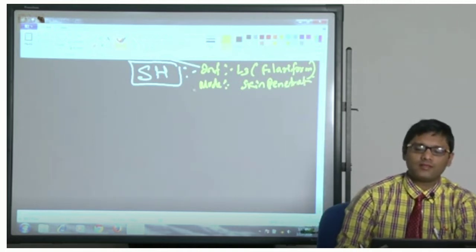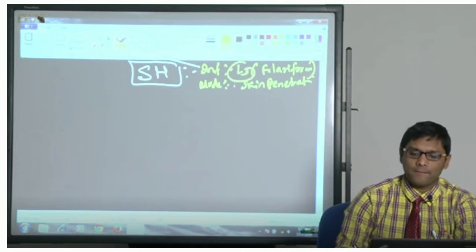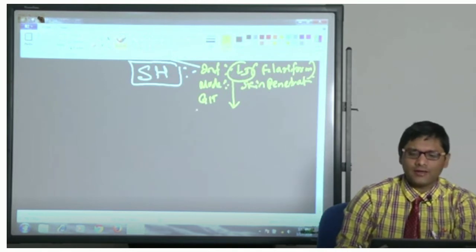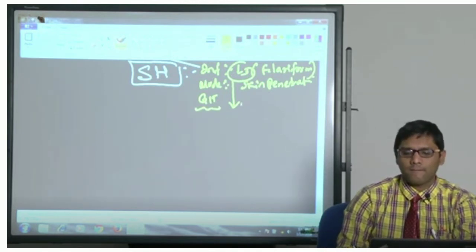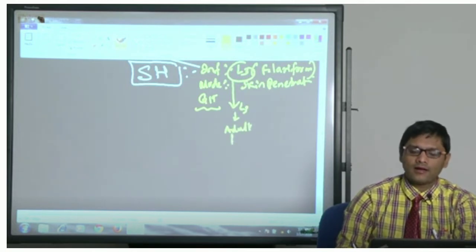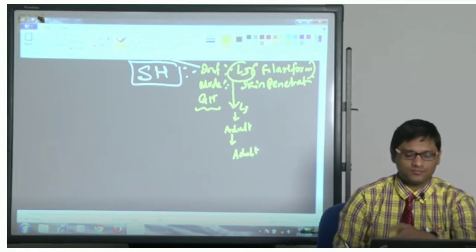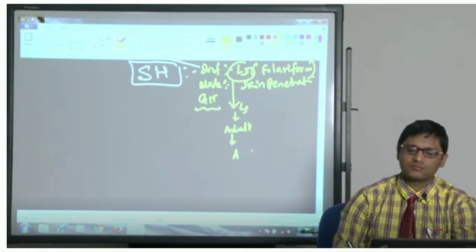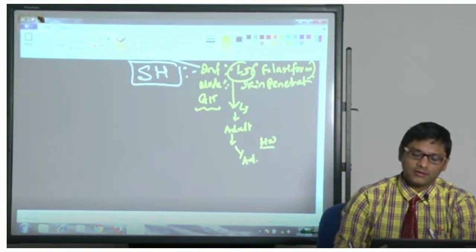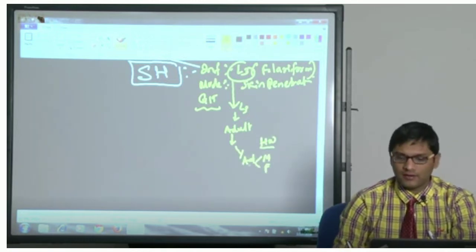When the L3 larva penetrates the skin, it comes to the GIT. Inside the GIT the L3 larva will become an adult, and at least for hookworm, the adult will be differentiated into adult male and female.